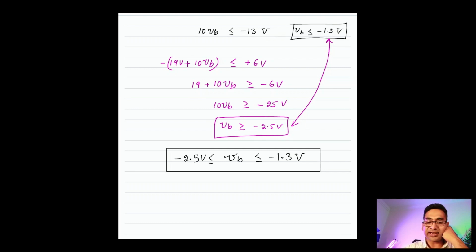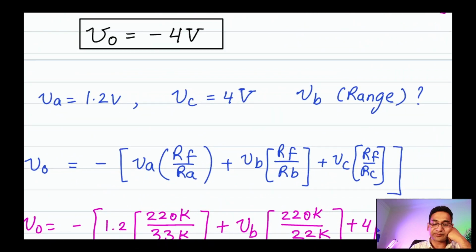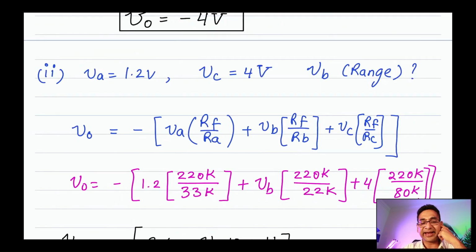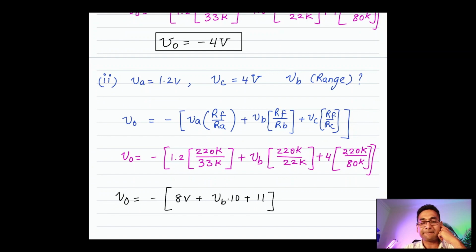So that's all there is to it, a straightforward application of this formula. This is the formula that Aguilar gave us from his analysis. You can derive this formula by using first principles, by applying KCL at Vn, the V negative terminal node.